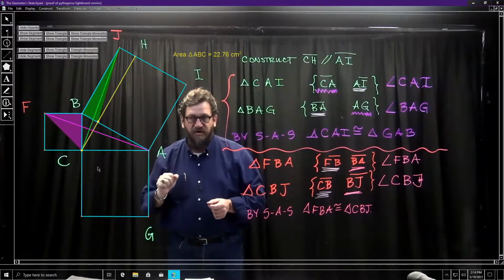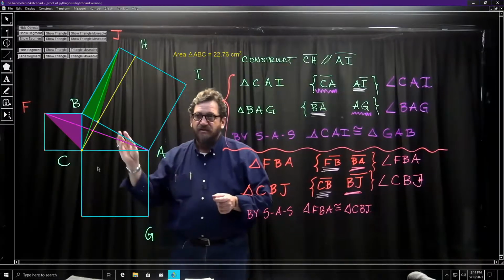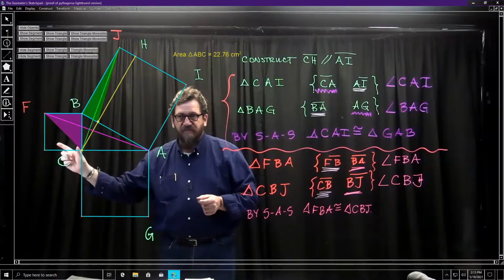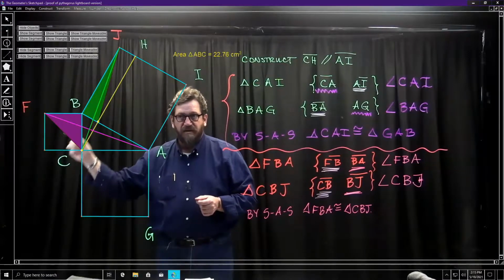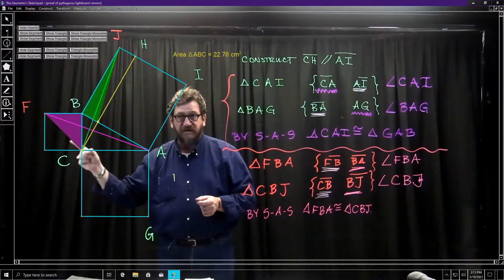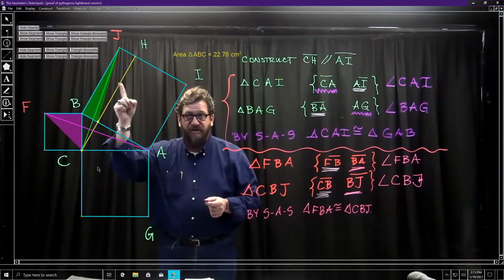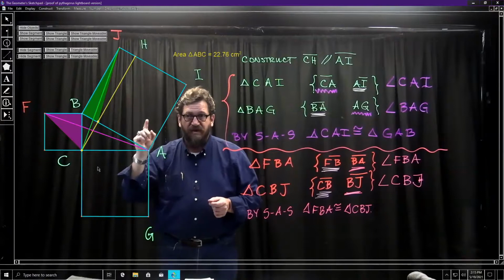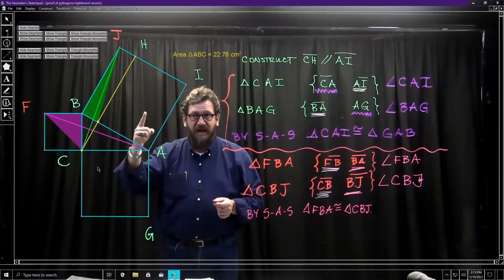Now this is where it gets really fascinating. So I've just demonstrated that half of this square matches up with half of that rectangle. So it makes sense that this square matches that rectangle. We know that this square matches that rectangle.